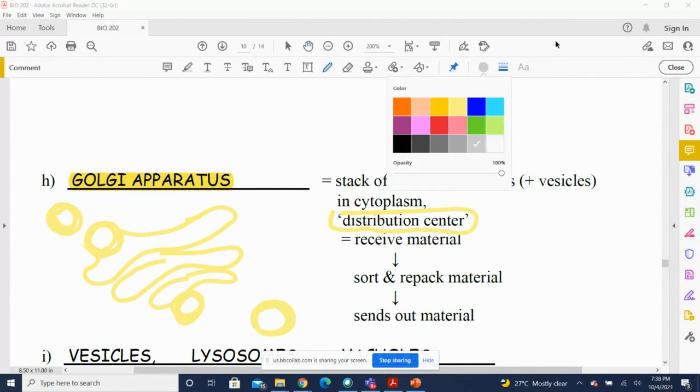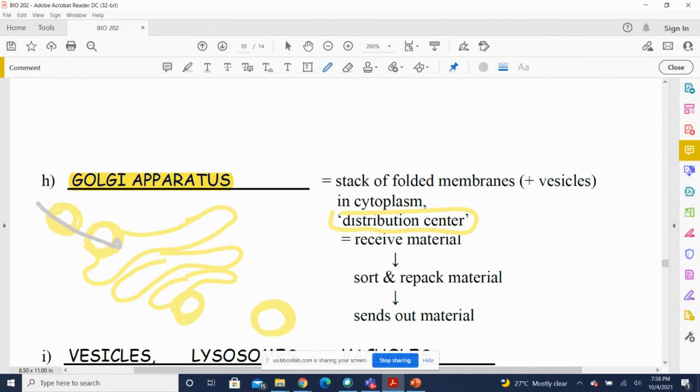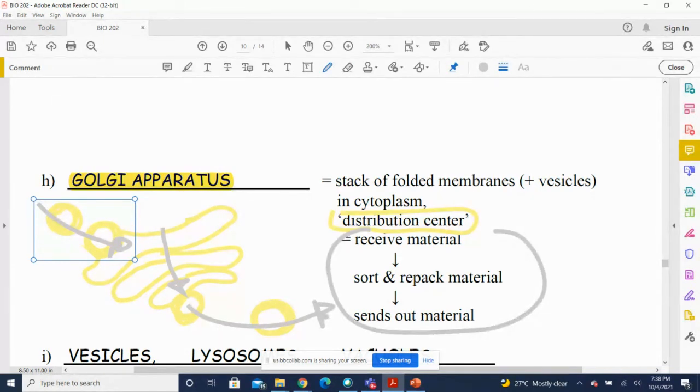So essentially what it does is that it takes material within the vesicles. This material gets sorted, repackaged, and then sent to other parts of the cell. So it really is this processing site for a lot of materials.